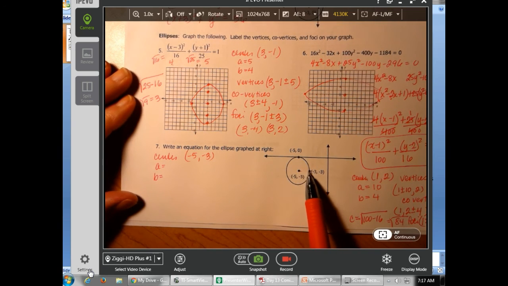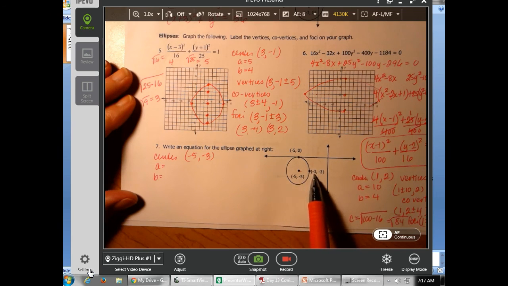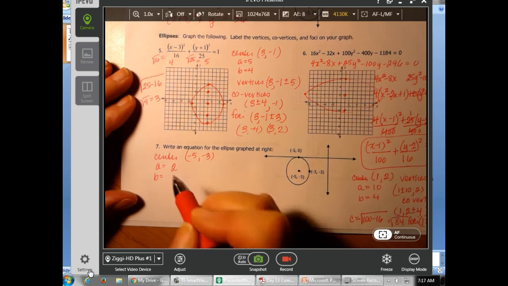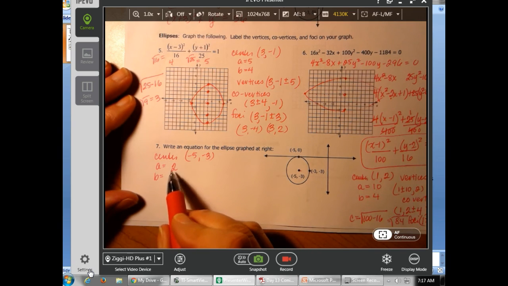Now I want to know this distance. This would be my distance to the right and my distance to the left. So -5, -3. Well, I'm going from -5 to the right to -3. So I'm going 2 to the right. And that means I'll also be going 2 to the left. So that means my denominator of x is going to be 2 squared, or 4.